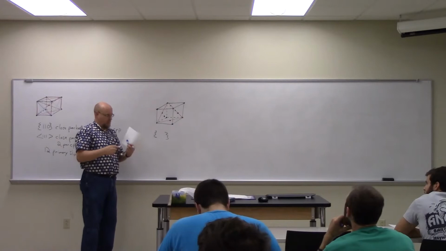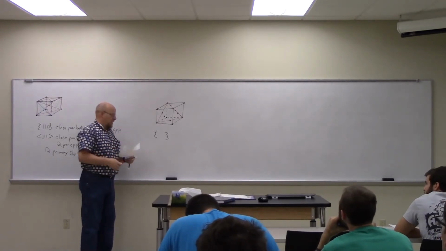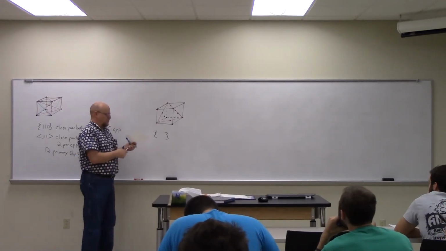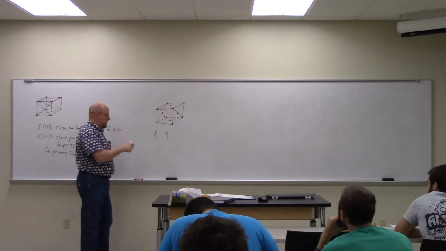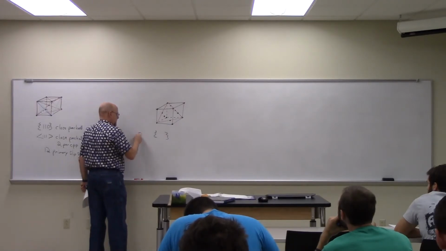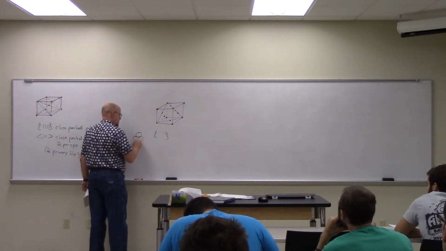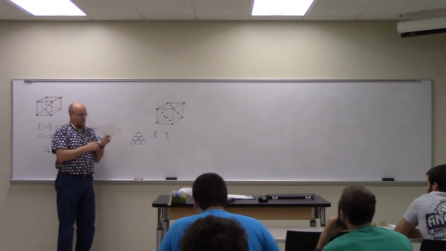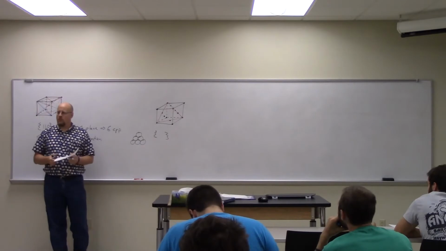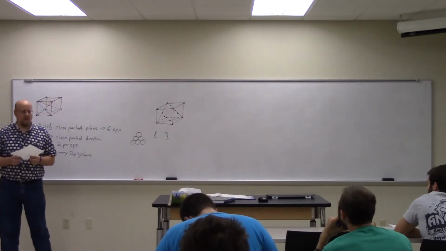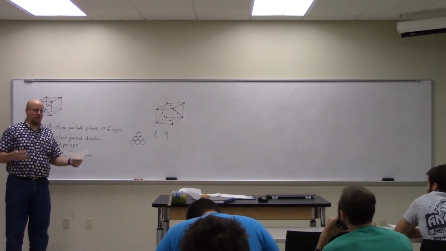Right? And if I looked at that plane just in a hard sphere model by itself, I would see this. That is the close packed plane, because that's where all the atoms touch each other.